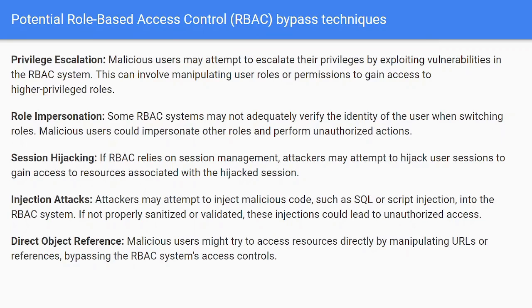So if the system does not adequately verify the identity of the user, this can lead to the malicious actor pretending to be a certain user, because when you are switching roles, it does not verify that this user is not supposed to be part of this role. It does not adequately verify that, and this can lead to role impersonation.